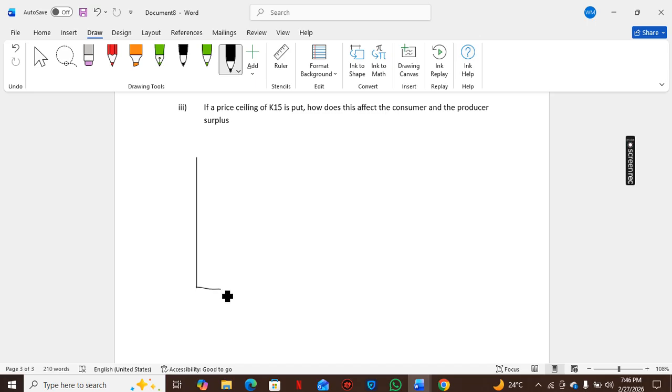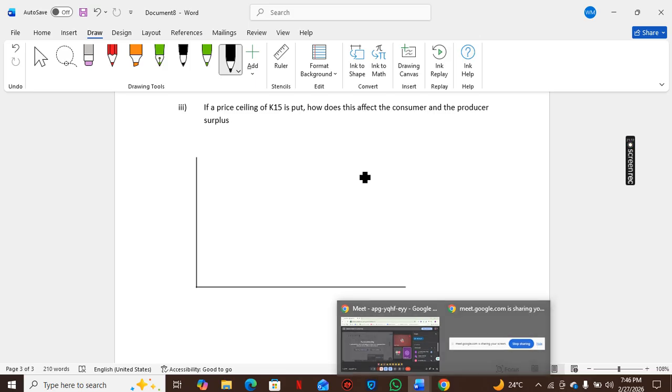Colleagues, what is the effect whenever there is a price ceiling? Who benefits when there is a price ceiling?